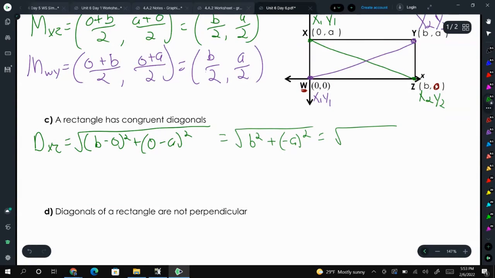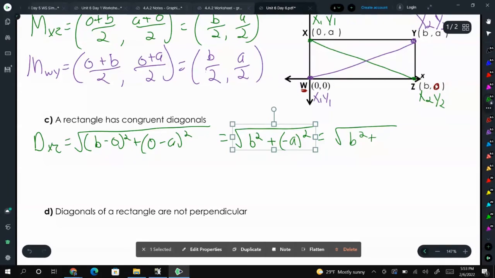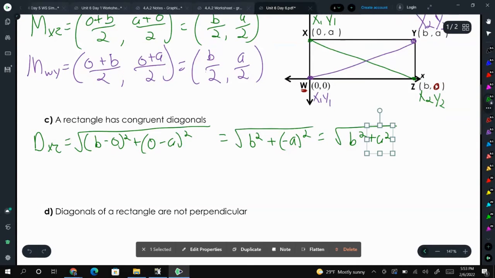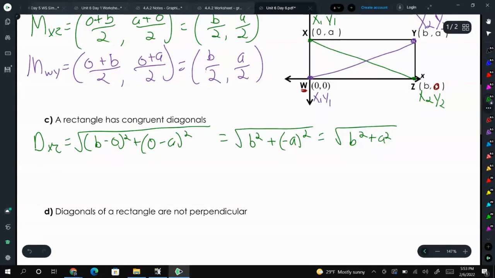And like we talked about the other day, negative a squared is just going to be positive a squared. So the length of xz, the green diagonal, is the square root of b squared plus a squared. And we can't simplify it any further, so we're going to leave it alone.